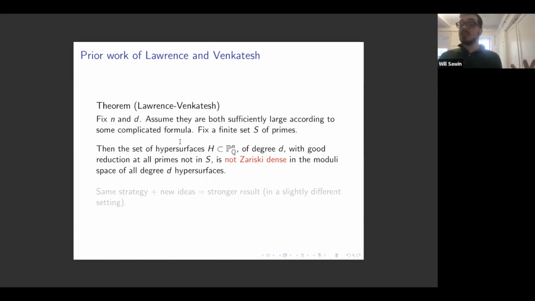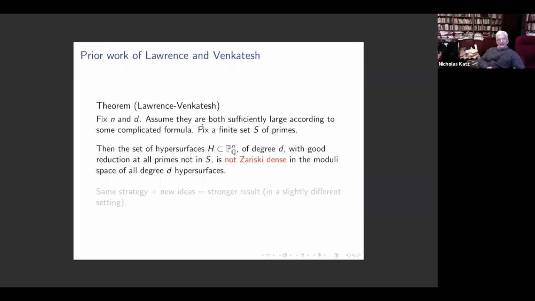So this is weaker than finiteness. They only prove that there's some polynomial equation which is satisfied by the coefficients of all hypersurfaces with good reduction, which is not satisfied by the coefficients of all hypersurfaces, and they prove this under some assumptions on n and d, which are completely explicit, but are complicated to write down, so I won't write them down. They roughly have the form that n should be sufficiently large and d should be sufficiently large as a function of n.